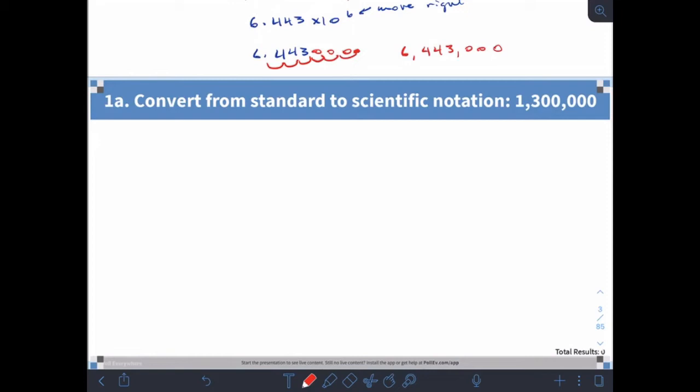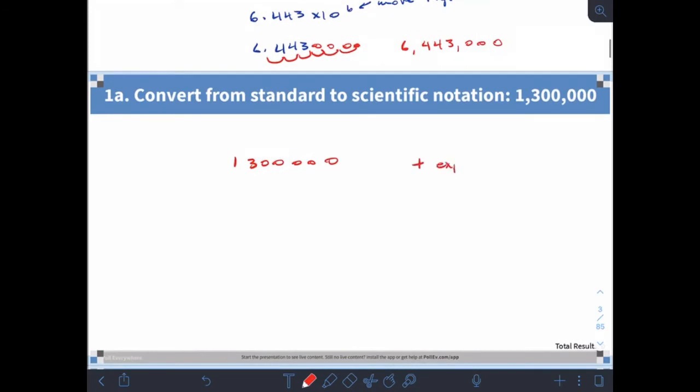Okay, so I'm assuming that you worked it out yourself in the last few minutes, so let's talk about how to go through this problem. All right, so I want to convert from standard to scientific. So I've got 1,300,000. All right, nice big number, so it's going to be a positive exponent. I'm going to put my decimal place after the first non-zero digit, so it's going to go right here.